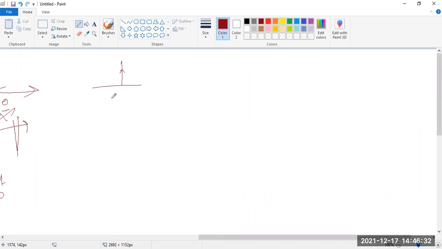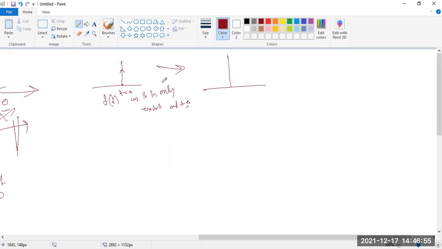Say this is the impulse function, delta of t. It is bounded because it only exists at t equal to 0. So what will be the output of this?